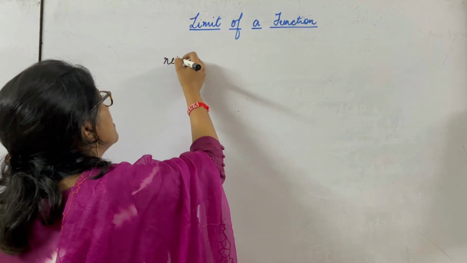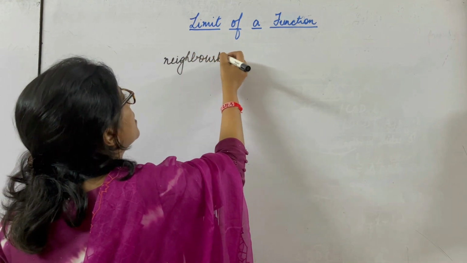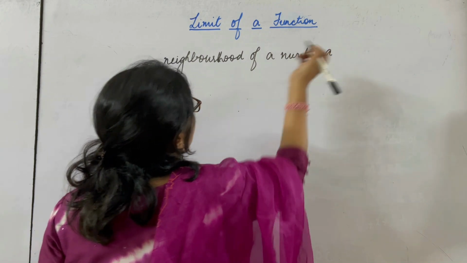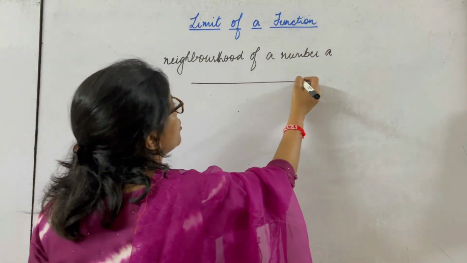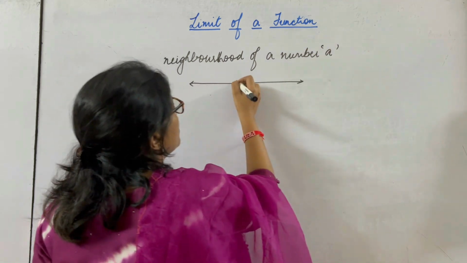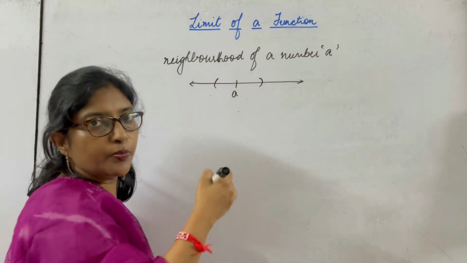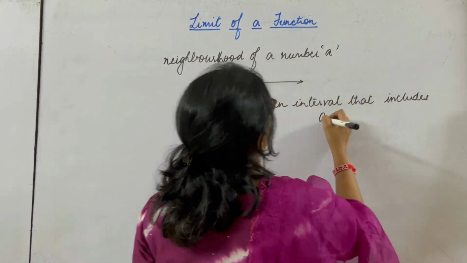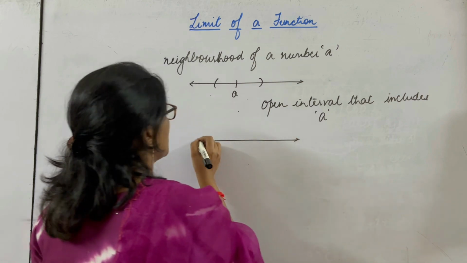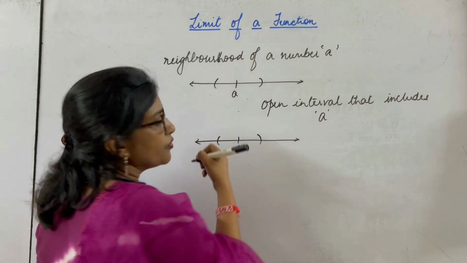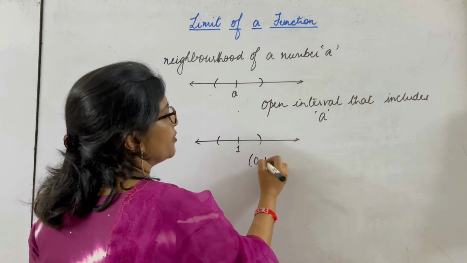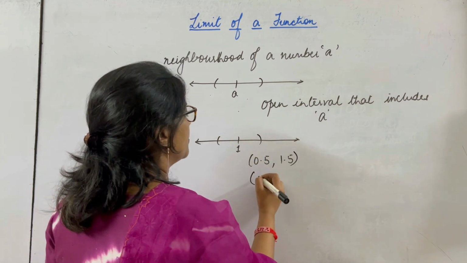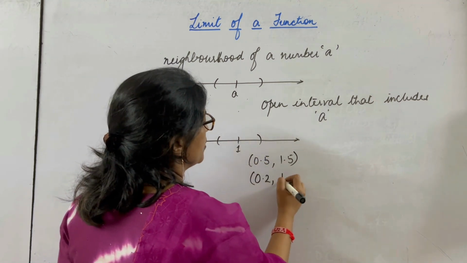One is neighborhood of a number, say A. If I am looking for a neighborhood of A, we are looking for values around A, an open interval which includes A. For example, if we have 1, then the neighborhood of 1 may be 0.5 to 1.5, any open interval around A, or it can be 0.2 to 1.2.